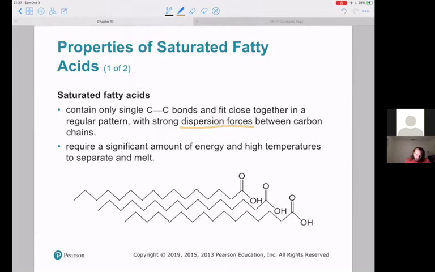I don't want to go too far into it, but these are the type of forces, as opposed to hydrogen bonding or dipole. Dispersion forces are the type of forces that happen between non-polar molecules. They have a lot to do with surface area. So since these things are so long and have so much surface area, they can pack together really tightly and form strong intermolecular forces, which means it requires a high temperature to separate them or to melt them.